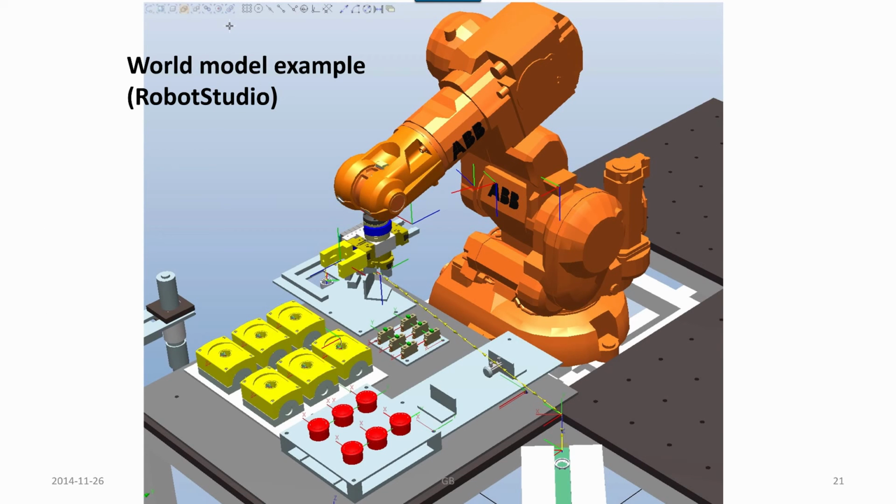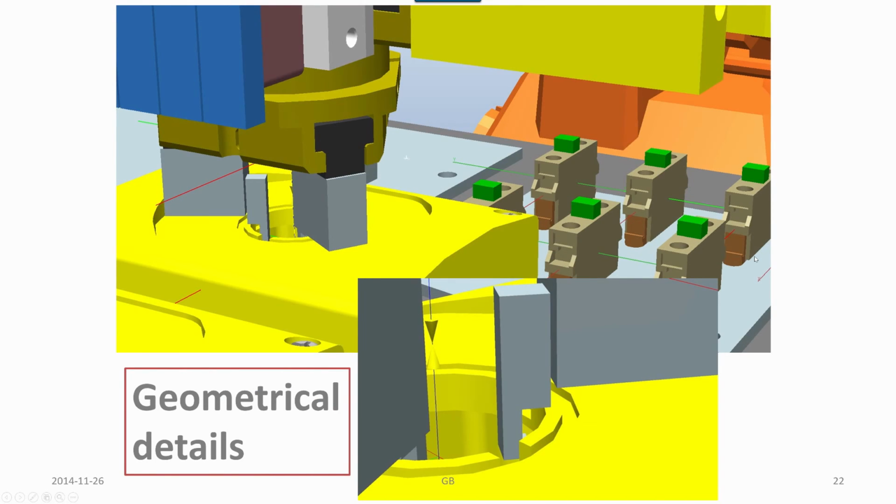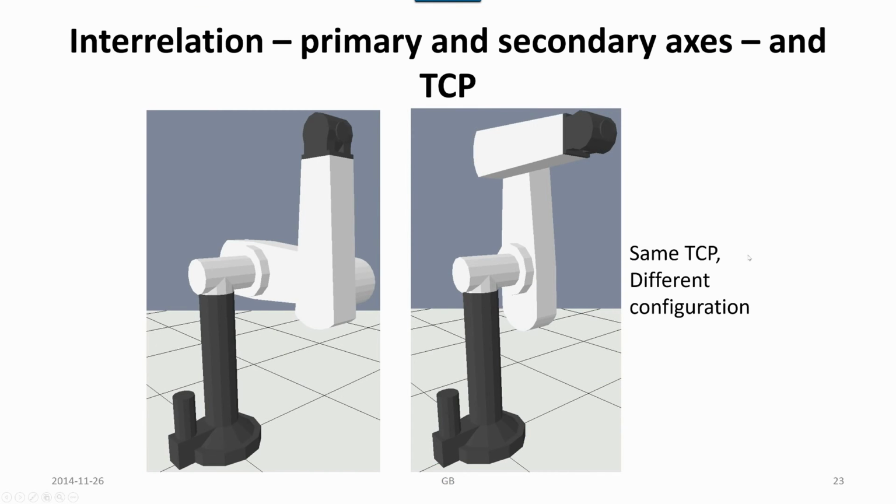So, examples of how it could look. This is an example from RobotStudio, with geometrical features and more in a close-up view for an assembly task. There are some specifics related to robotics also that one has to consider. I will go through that later on.